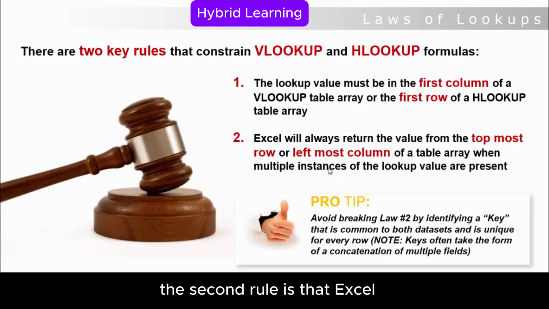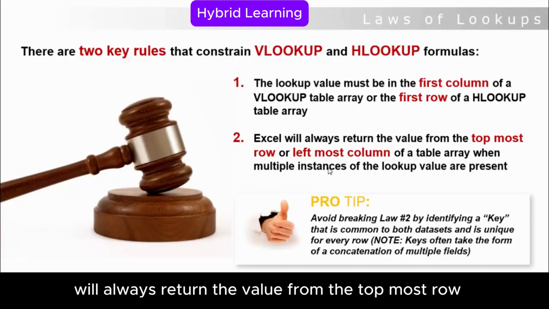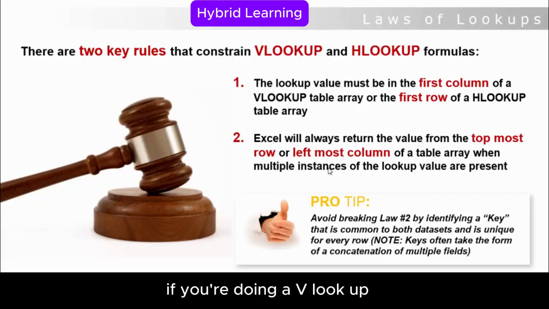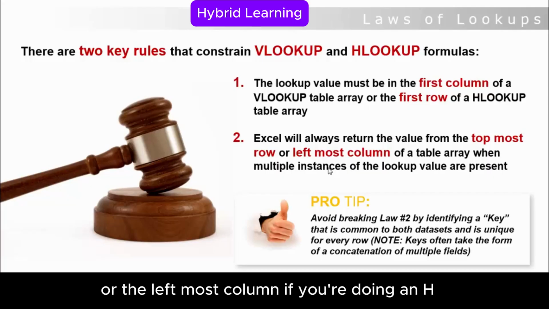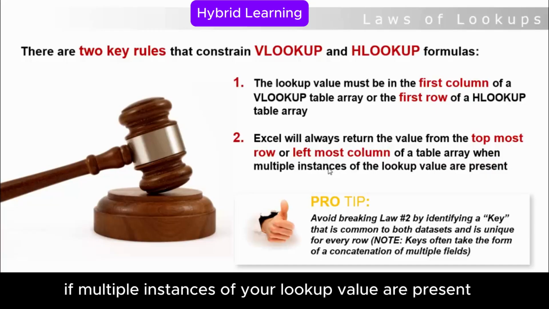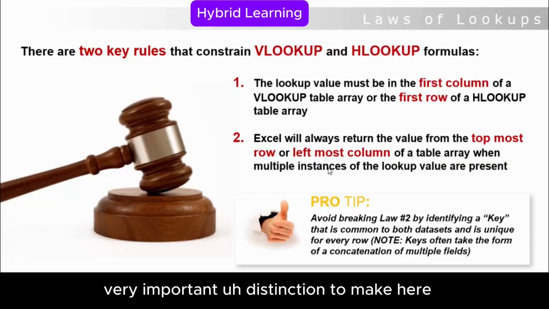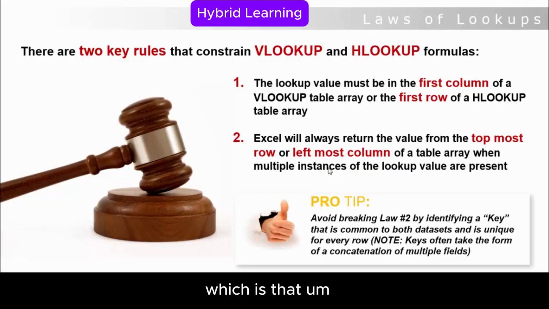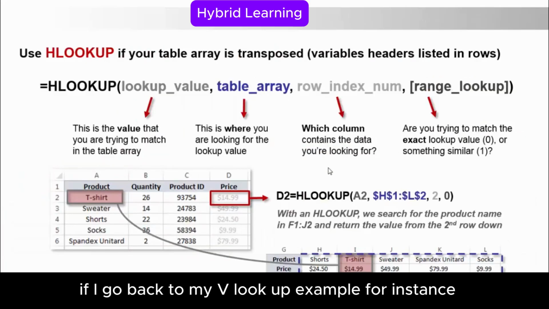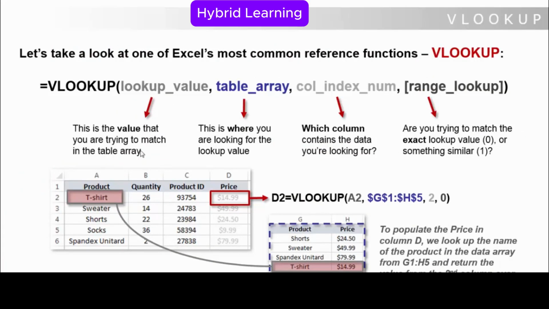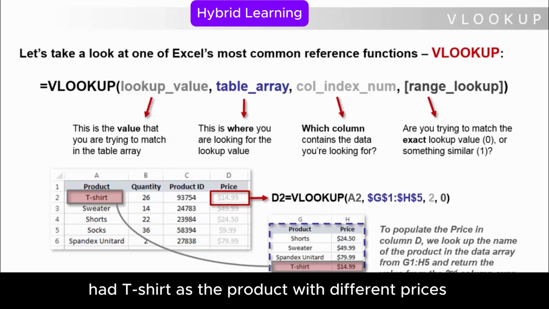The second rule is that Excel will always return the value from the topmost row if you're doing a VLOOKUP, or the leftmost column if you're doing an HLOOKUP, of a table array, if multiple instances of your lookup value are present. So this is a very, very important distinction to make here, which is that if I go back to my VLOOKUP example, for instance, and I'm looking up the value t-shirt in this lookup array, let's say 2 lines in a row had t-shirt as the product with different prices.